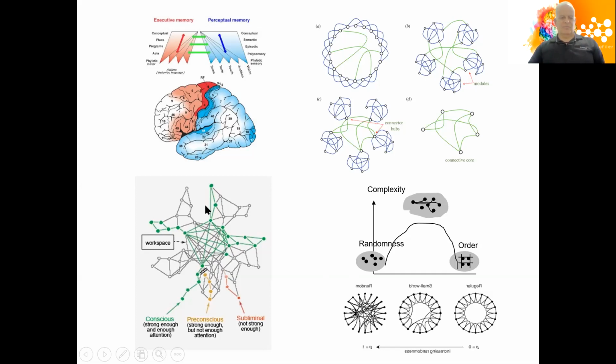Now we know much more about the brain. We know that the brain is a small world network organization. Small world network meaning that nearby connections are dense and you have few faraway connections. So you have clusters of nearby connections and fewer connections far away in the brain.